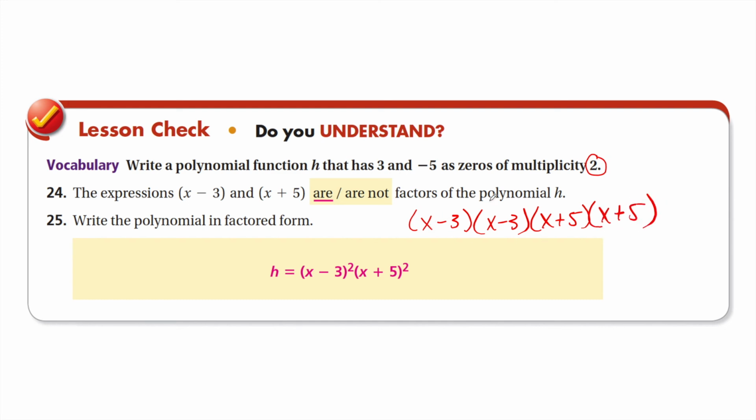However, if both of these share the exact same thing, they both look identical, which they do, x minus 3 and x minus 3, we don't have to worry about writing them out twice. We can just put that square, and that square will represent the multiplicity of 2. So the answer, h equals x minus 3 squared times x plus 5 squared, will be the polynomial function h that has 3 and negative 5 as zeros of multiplicity 2.